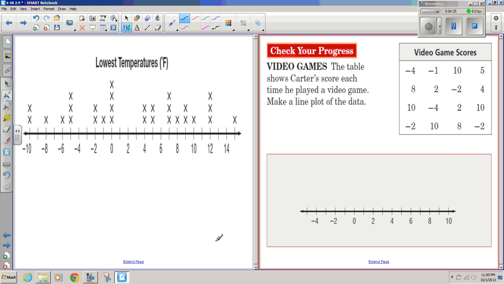So let's make a line plot for this one. Let's start by saying negative 4.